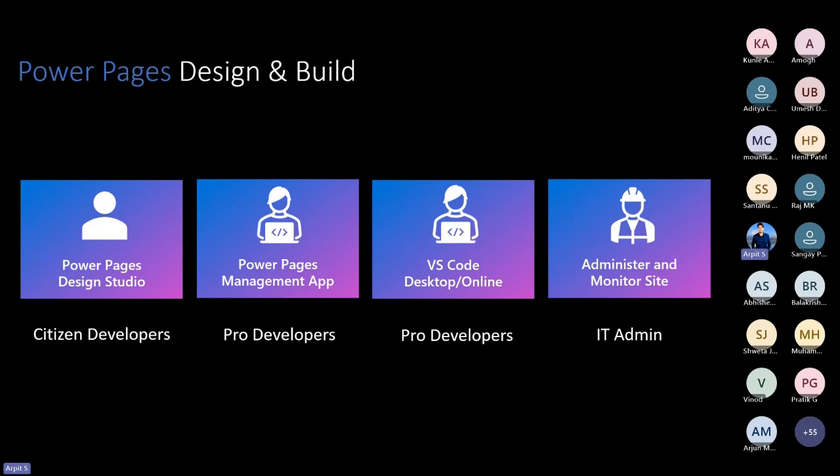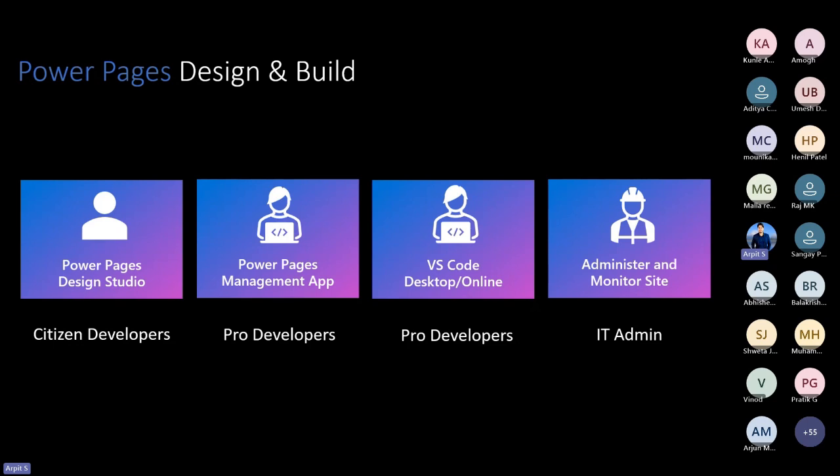But once you are connected back, or once your development is done on your desktop VS Code version, you can push your changes to the respective repository as well, or you can directly upload your changes to the Power Platform environment as well. For that, you need to have good knowledge of Power Platform CLI. Tomorrow I'm going to cover that as well, but that is for the professional developers.